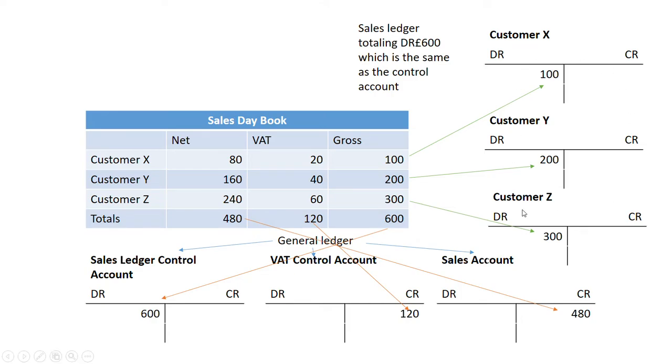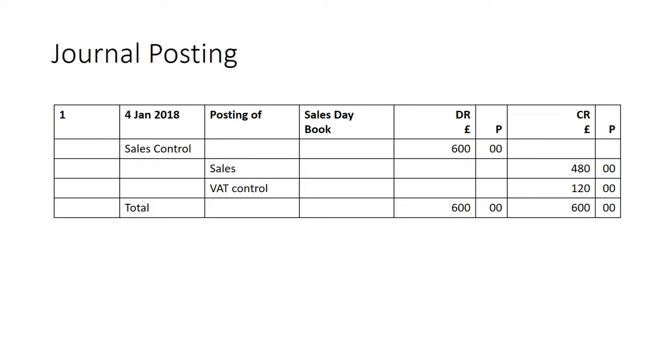It's not £600 worth of debits here, £600 worth of debits here, and only £600 worth of credits. No, it's £600 worth of debits here, £600 worth of credits here. That's that all done. That's the double entry bookkeeping done. The £600 worth of debits here is broken down like that. And that's how a control account works. Hopefully you can see what it's trying to do there.